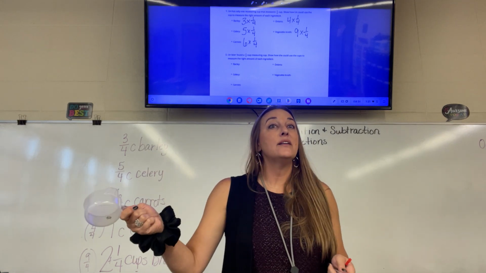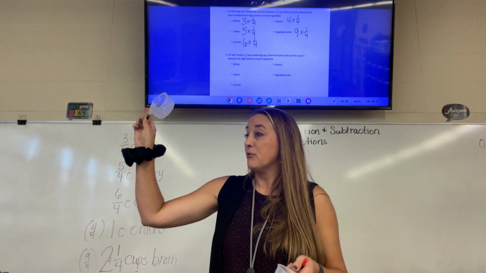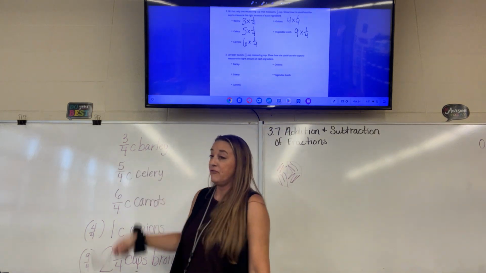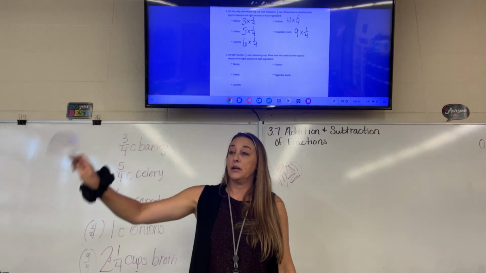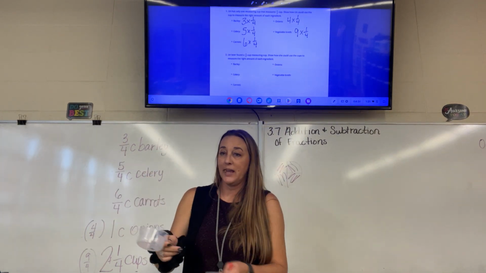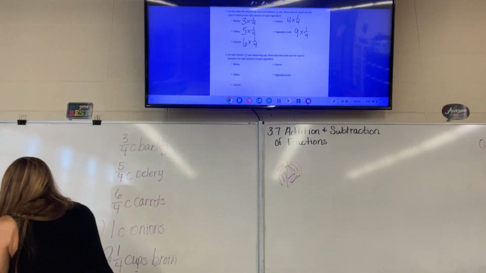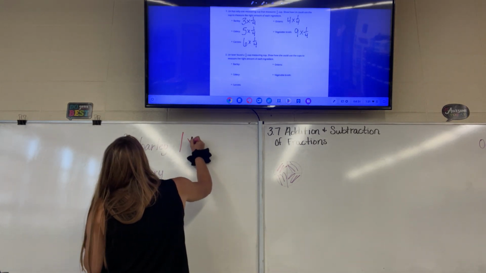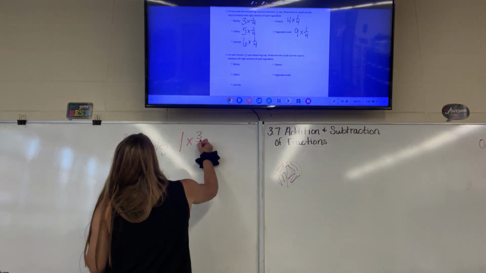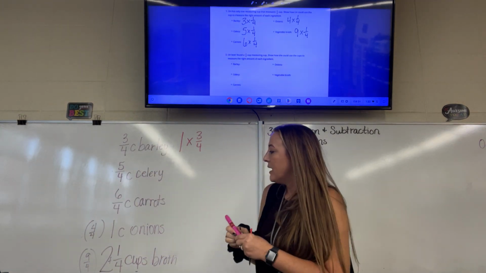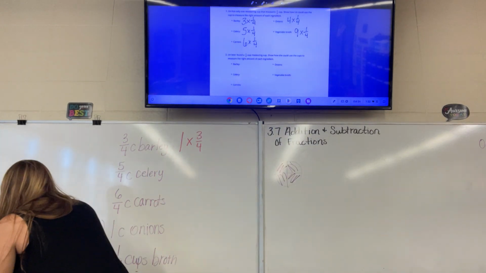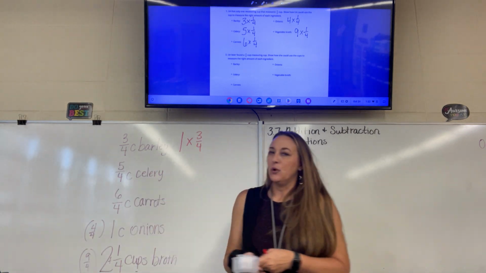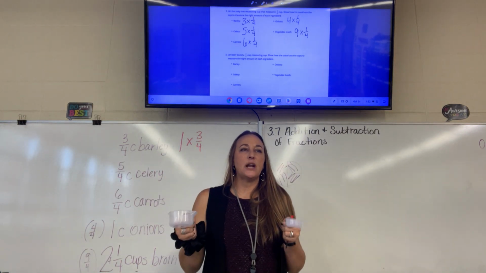Exactly. So this is a 3/4 cup. I need 3/4 a cup of celery, so I'm gonna go scoop, plop. Okay? So here we're gonna say 1 times a 3/4 cup. Okay, next I need to get to 5/4. Ari, what should I do?